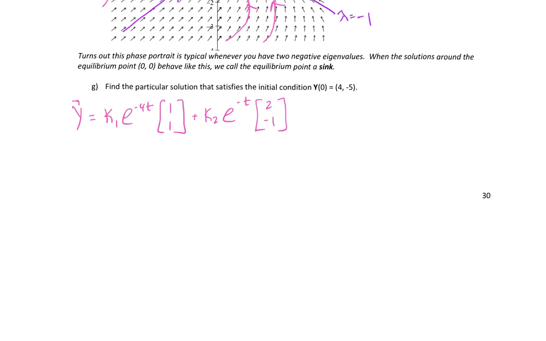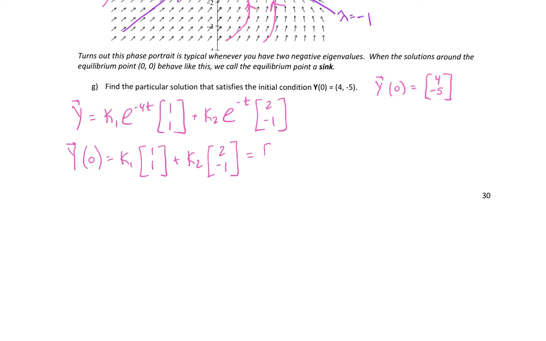Finally, we're going to find a particular solution that satisfies an initial condition, y of 0 equals 4, negative 5. And I wrote it horizontally. If you need to translate it when a problem is given like that, just write it down differently. Okay, so y of 0 would be k1 times 1, 1 plus k2 times 2, negative 1, because e to the 0 is always going to be 1, so those just sort of go away.